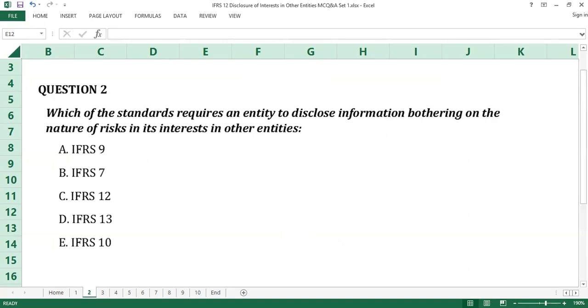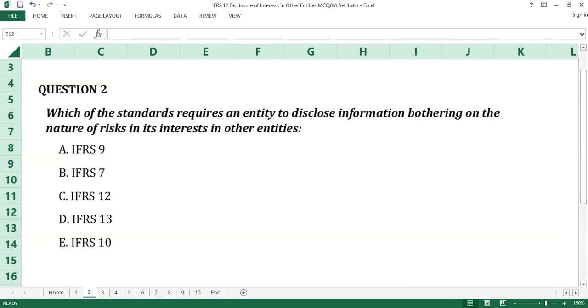Ten seconds gone. 20 seconds gone. Time up. The answer to question number 2 is C, IFRS 12.